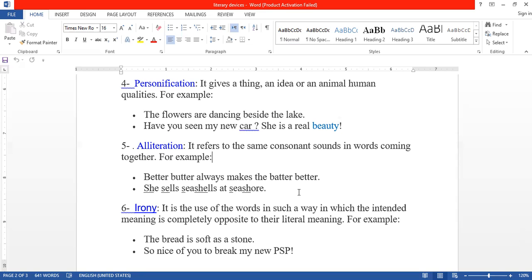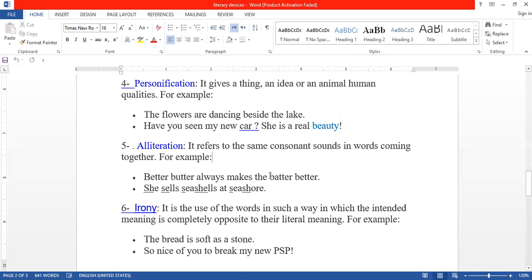And definitely, the poet, for example, uses alliteration to show you something in the poem or to let you understand a given meaning or a given idea. Is it clear? Yes, it's clear. All right, good.